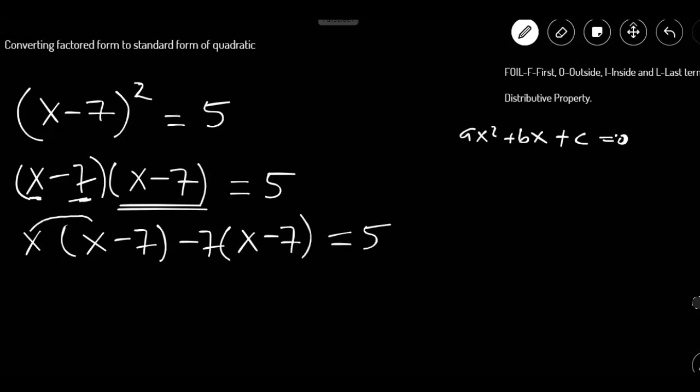Now we distribute x times x, x squared, x times negative 7 gets negative 7x. We're done with that. Negative 7 times x is another negative 7x.